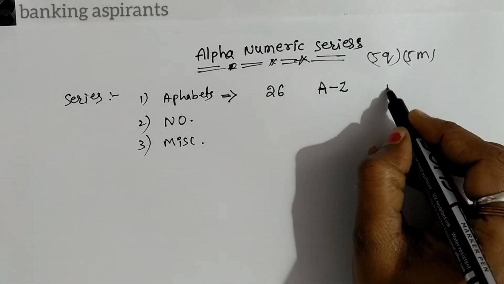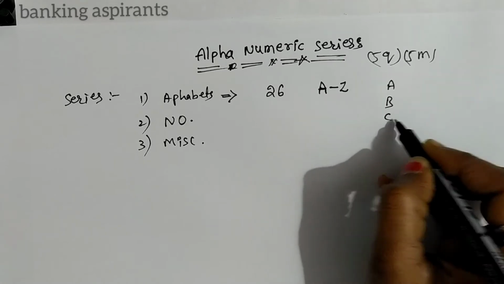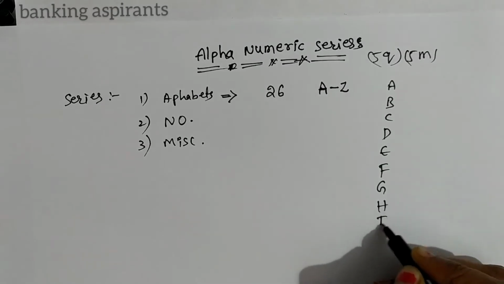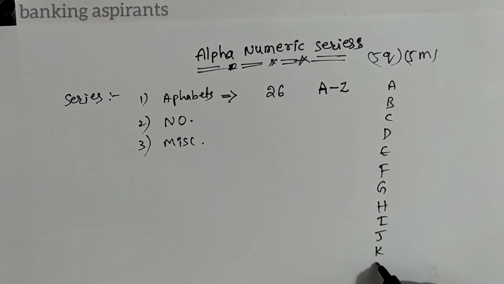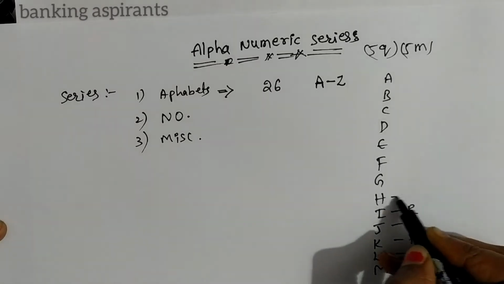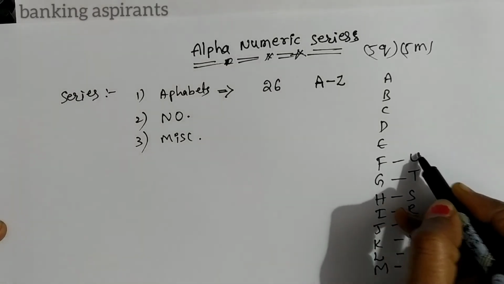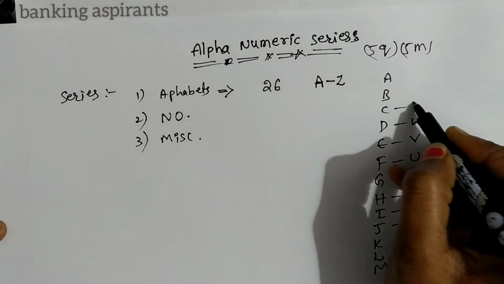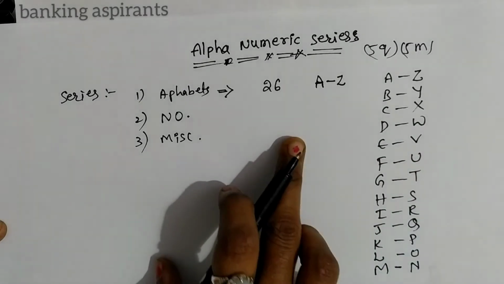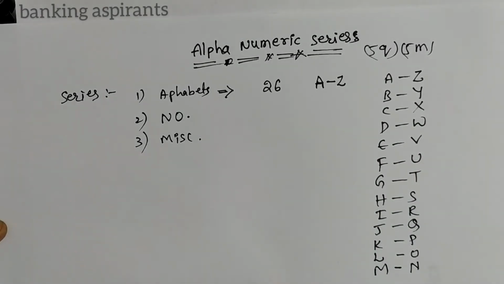Write the letters A, B, C, D, E, F, G, H, I, J, K, L, M. These are the letters. And I am writing from here in backward direction: N, O, P, Q, R, S, T, U, V, W, X, Y and Z. So we need to learn both forward and backward direction positional values.